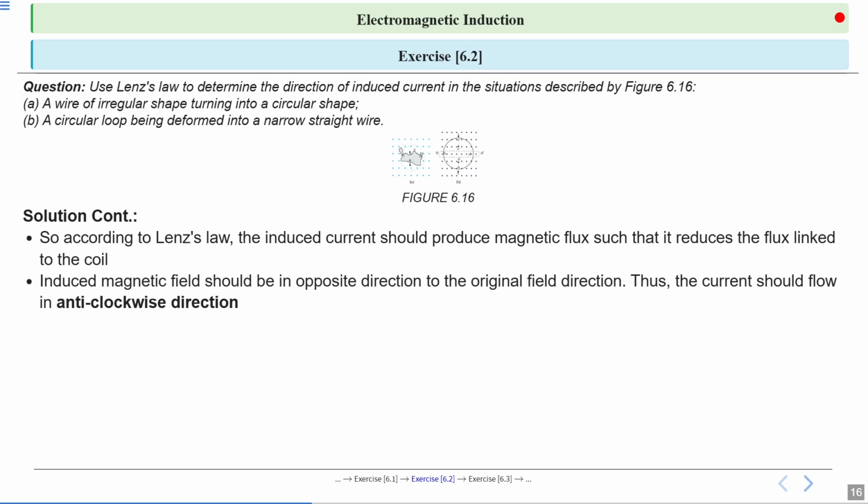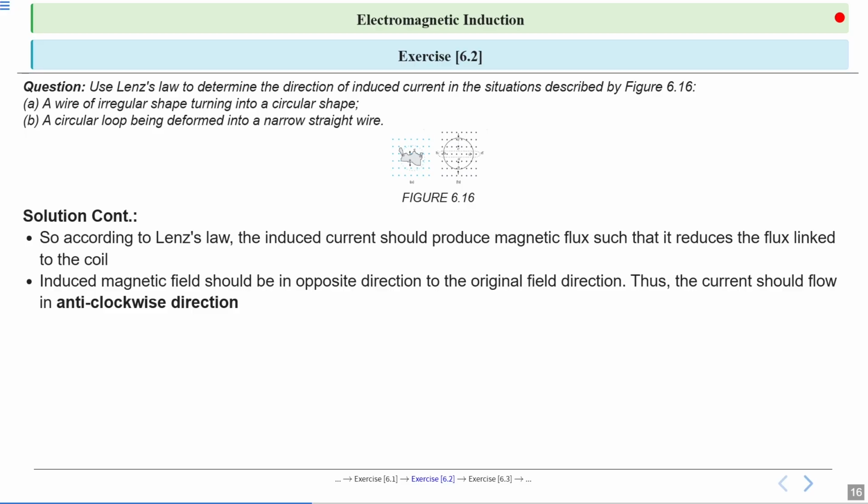So the induced magnetic field should be in the opposite direction to the original field. Magnetic flux is increasing, so to neutralize the increase, the induced magnetic field should be in the opposite direction to the original field direction. Thus, the current should flow in the anti-clockwise direction.